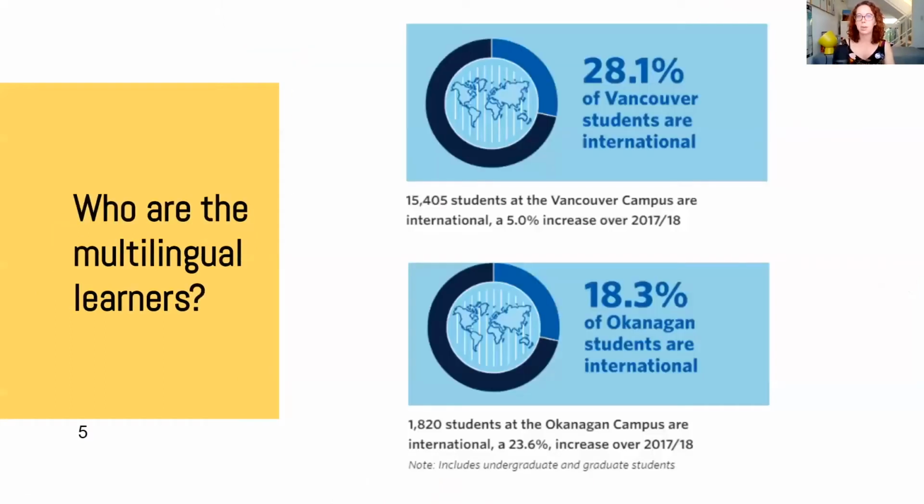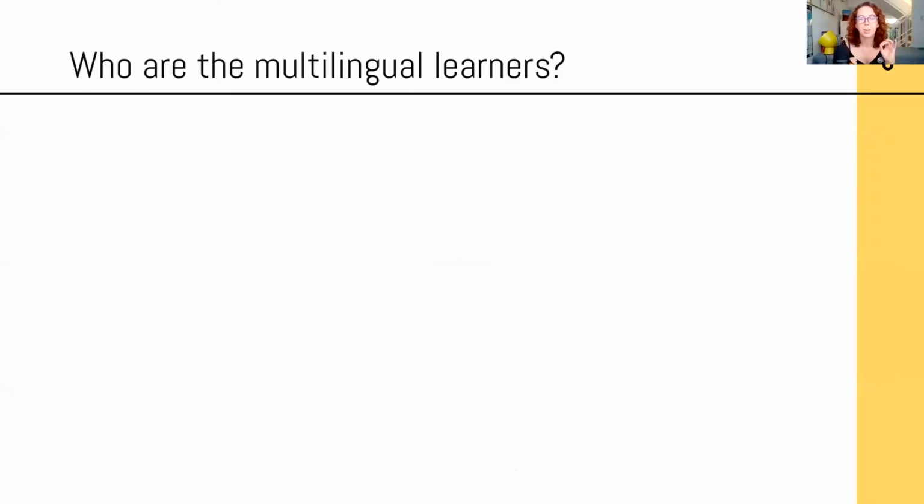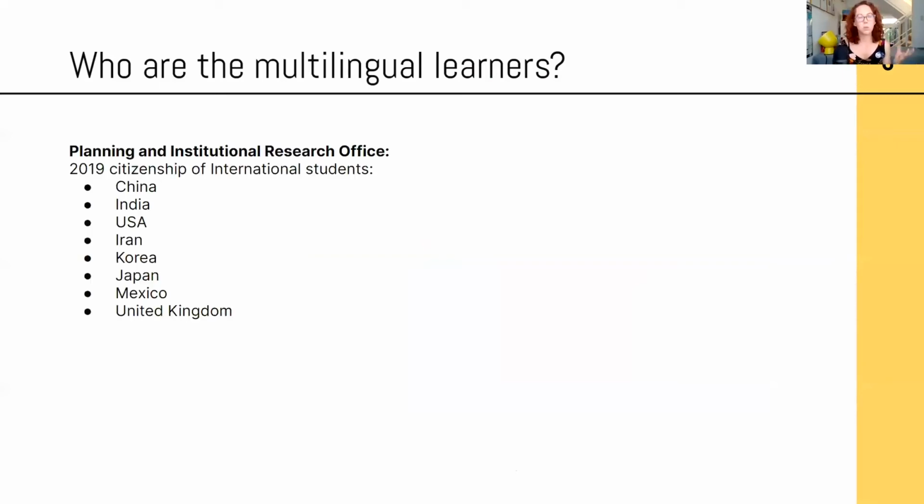Maybe you're thinking about this sort of information. From the UBC website, we can see that 28% of Vancouver students are international, 18.3% of Okanagan students are international. Maybe that's what you think it is. It's still a significant proportion, but that's not the whole story. Not all of the international students are multilingual. So we know from the Planning and Institutional Research Office, they don't collect data on languages, but they do collect citizenship data.